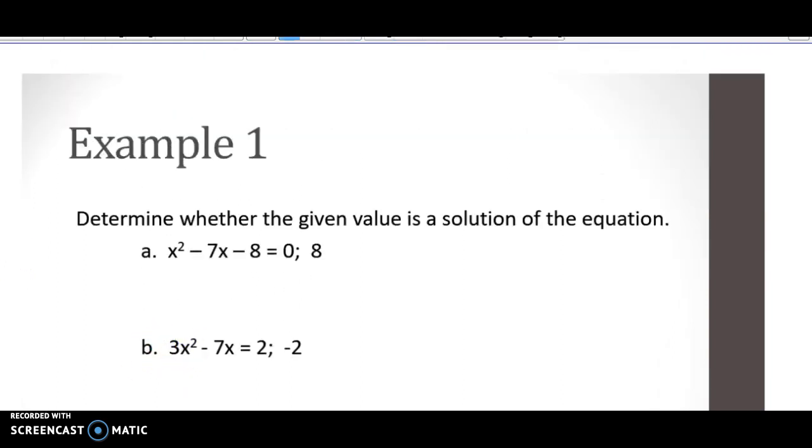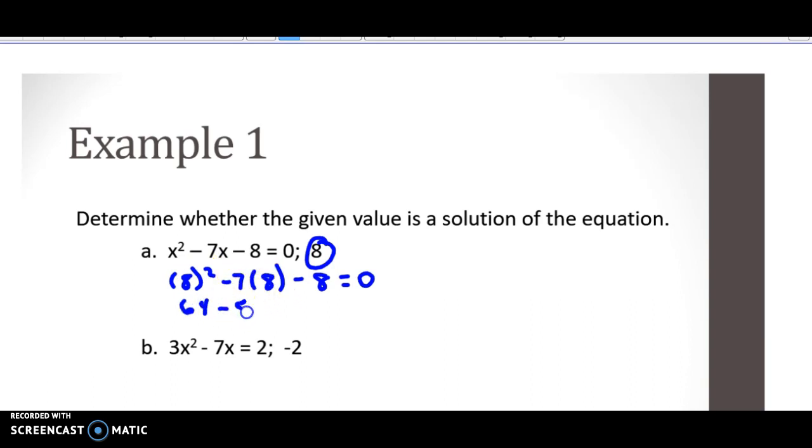So, let's say that I am looking at x squared minus 7x minus 8. And I want to know if 8 is a solution of this equation. So I'm just going to substitute. I'm going to replace each x with 8 and see if this makes a true statement. So following my order of operations, 8 squared is 64.